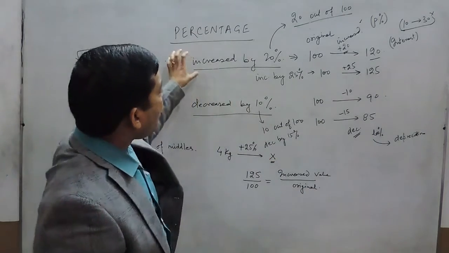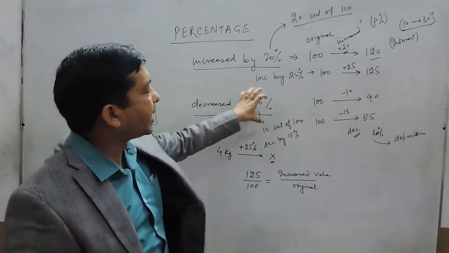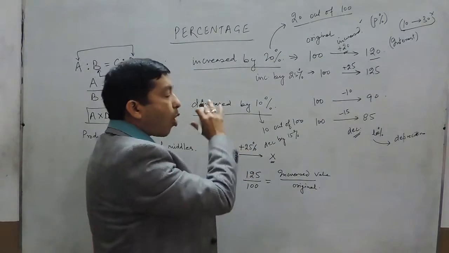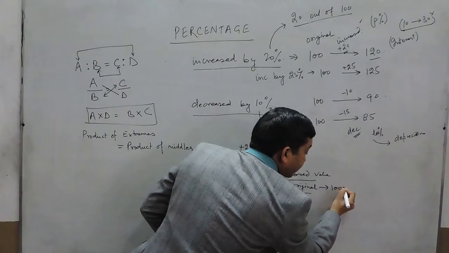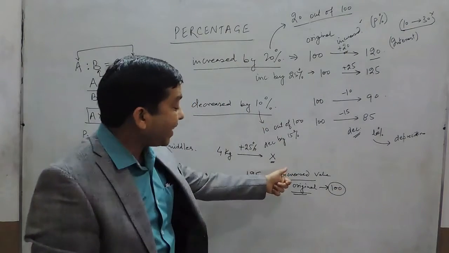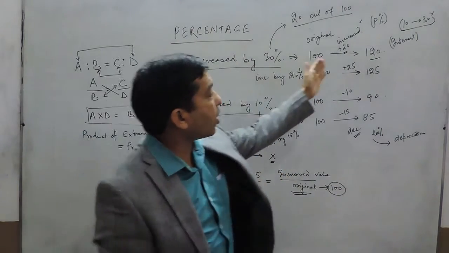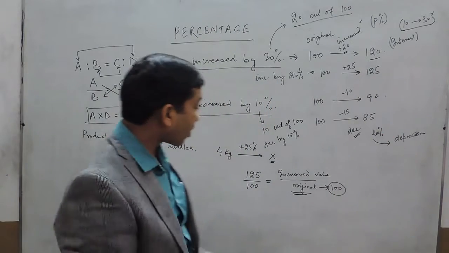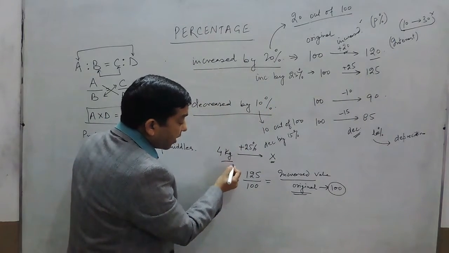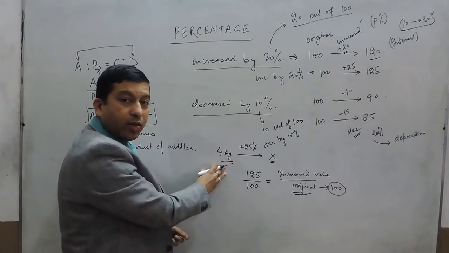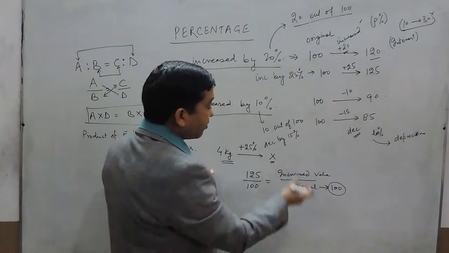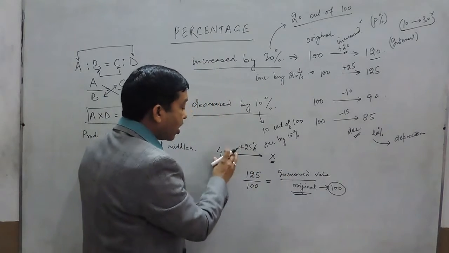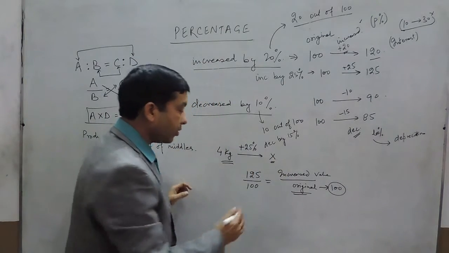Now, when we look at all the phrases like increase and decrease by some percentage, we always know that the original value is always 100, and the increased or decreased value is according to the phrase. Obviously one of the values is given to you: either the original value is given and we have to find the increased value, or the increased value is given and we have to find the original value.